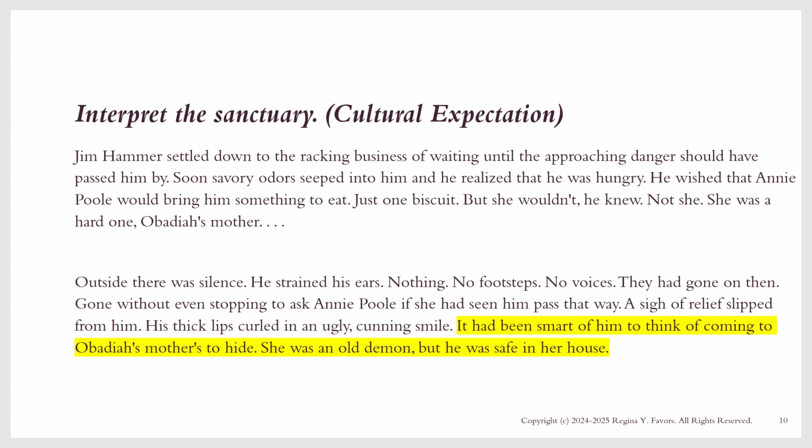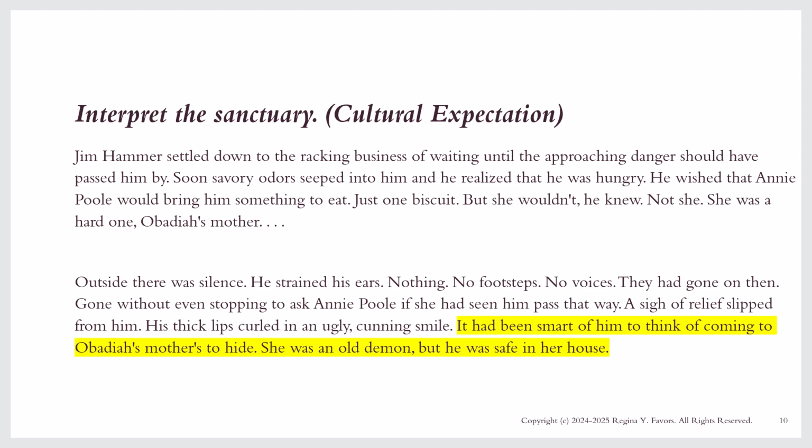So we now know that he already had this house in mind to use as sanctuary. He already knew, in a cultural sense, that he could use this house because it's Obadiah's mother's house. So this is sort of, in my mind, premeditated.